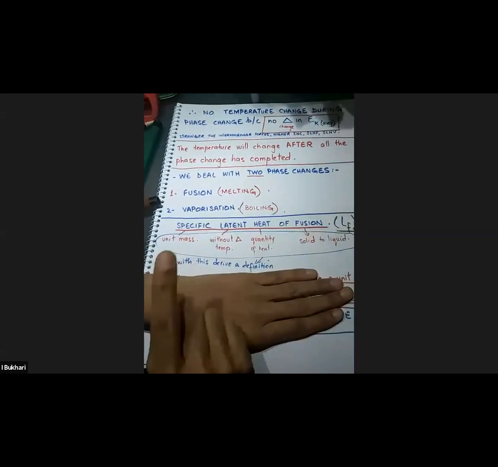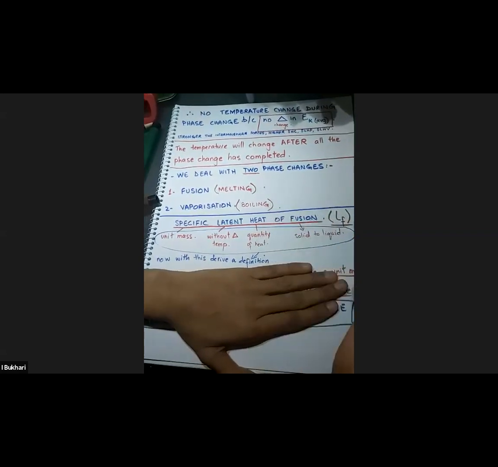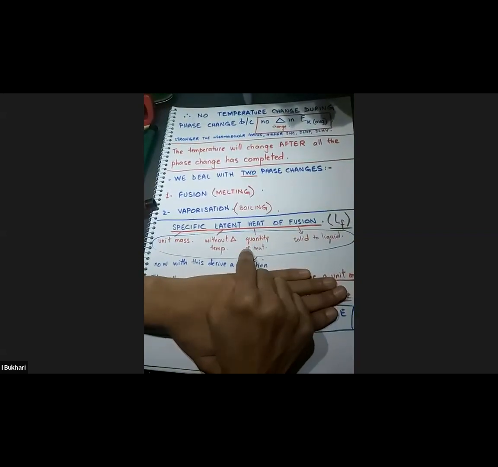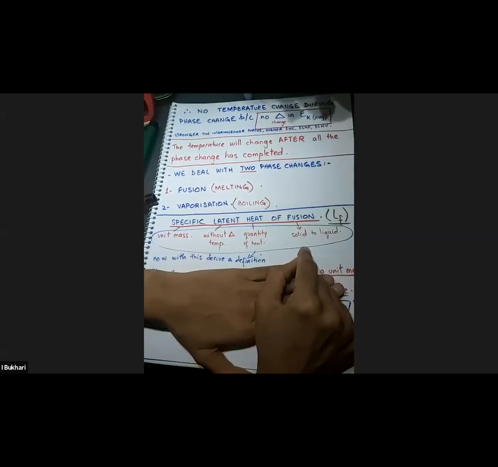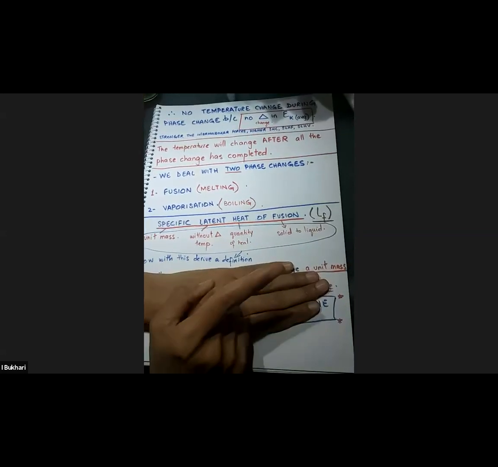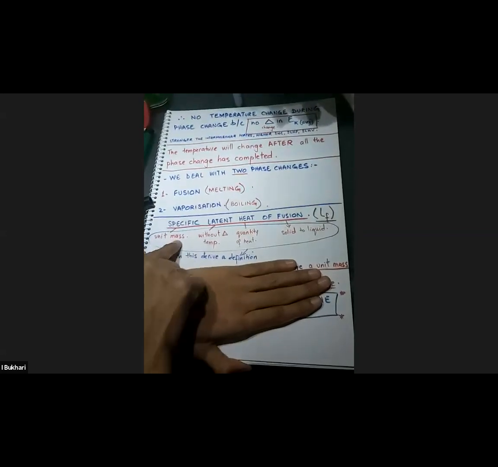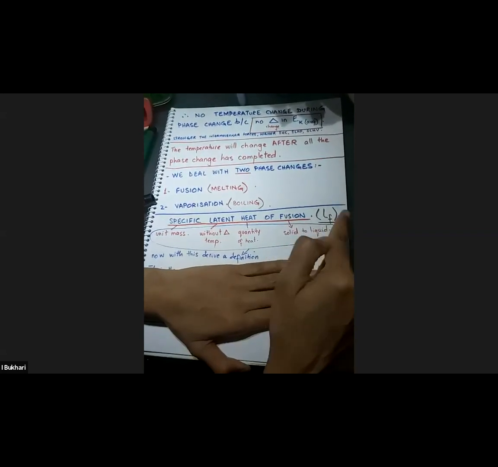So we can say that the specific latent heat of fusion is defined as the quantity of heat. I'm trying to rearrange them in a sentence, okay? The quantity of heat that is required to change a unit mass from solid to liquid without change in temperature.